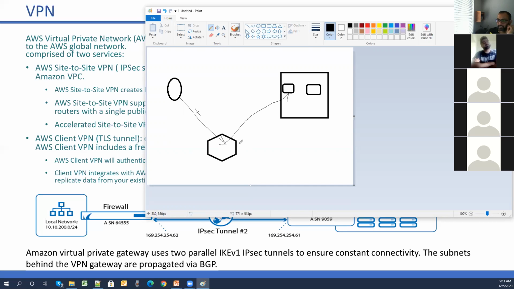So how does this establish a connection? There is a fiber channel network or whatever the physical network that is there. Now the logical network is the IPsec channel actually. So there is a kind of a pipeline here.